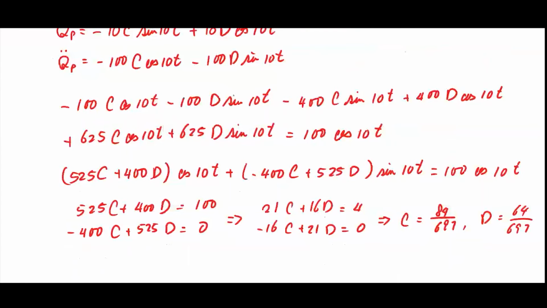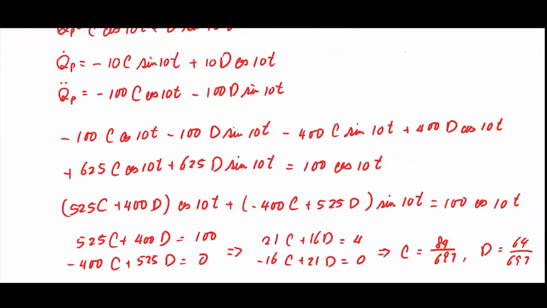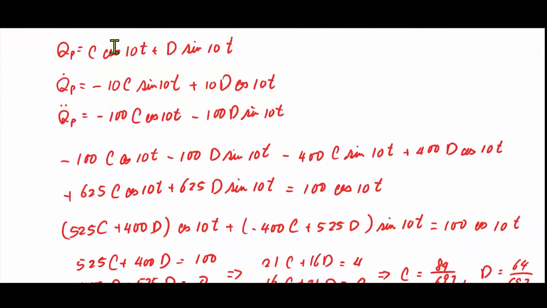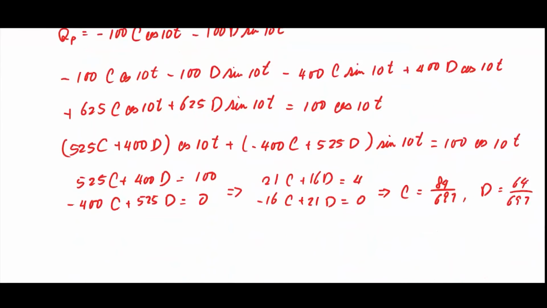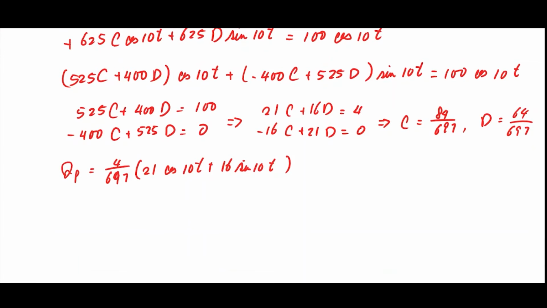Okay, so the particular solution, we have this thingy, right? After common factor 4, so Q particular is 4 over 697, and then we'll have 21 cosine 10t plus 16 sine 10t. Now we can put it together.